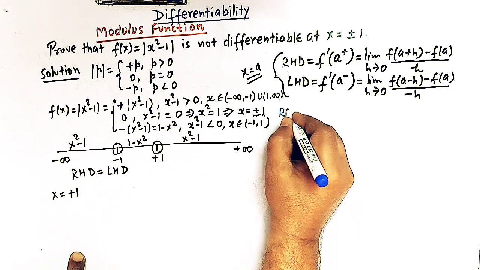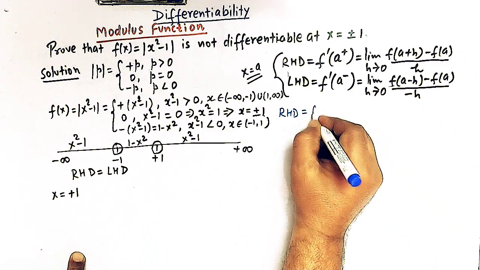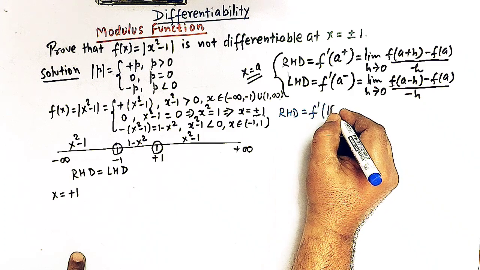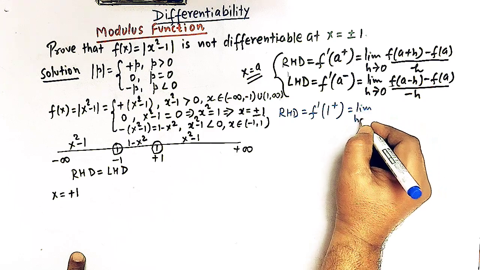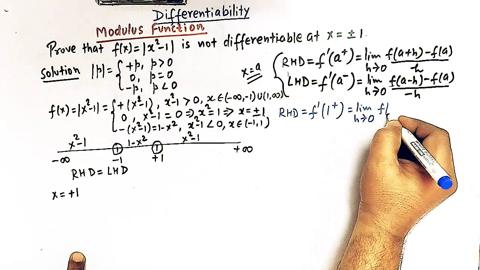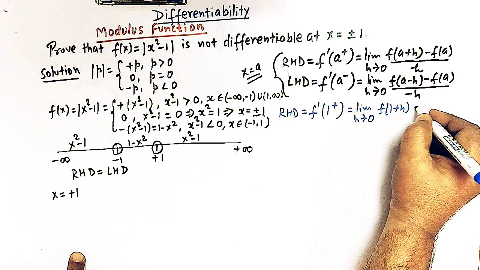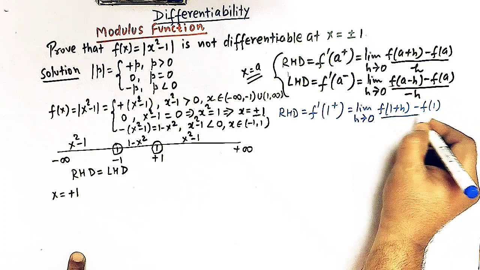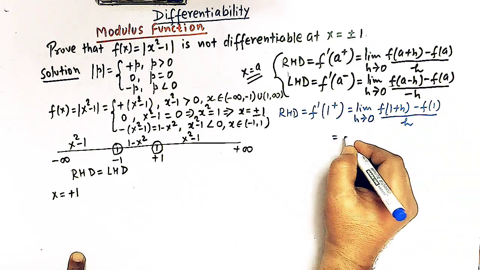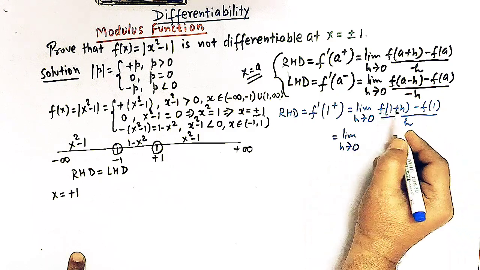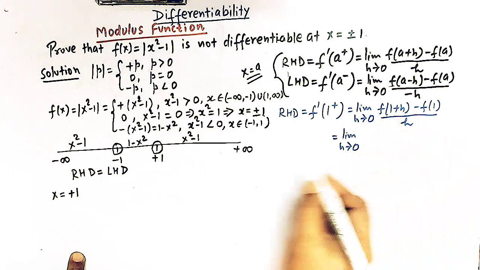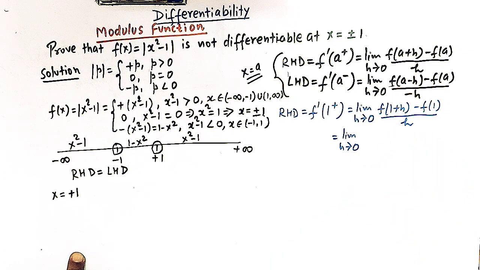So the right hand derivative is given by f prime, and here we have one positive, and this is given by limit h tends to 0, f of 1 plus h minus f of 1 divided by h. So this is limit h tends to 0, and here we have f of 1 plus h. Now see, h is infinitesimally very small, right? And it is a positive quantity.